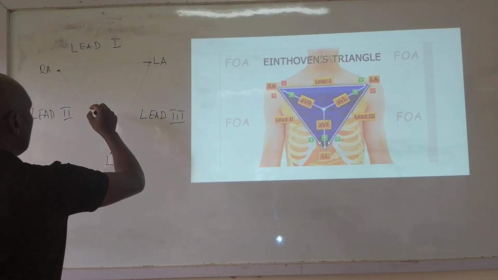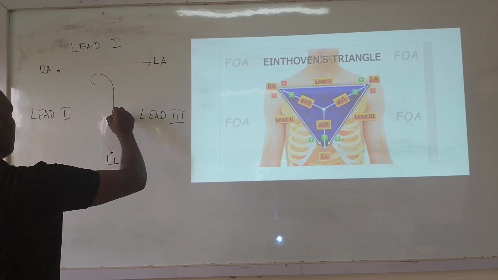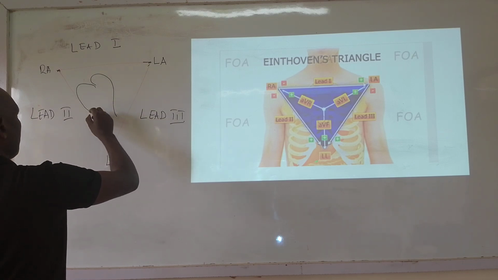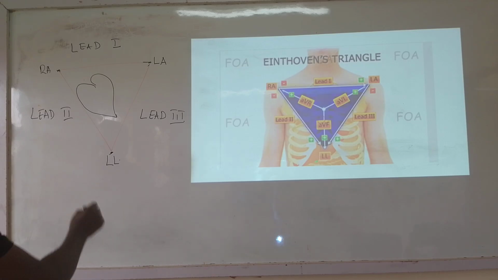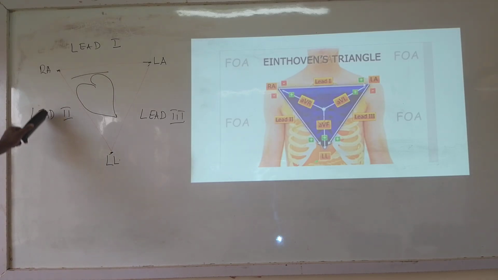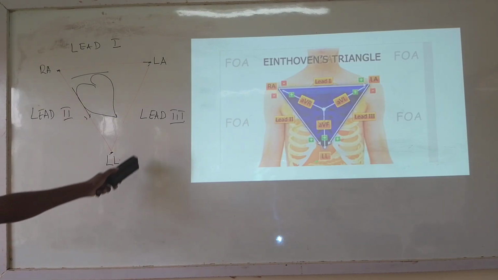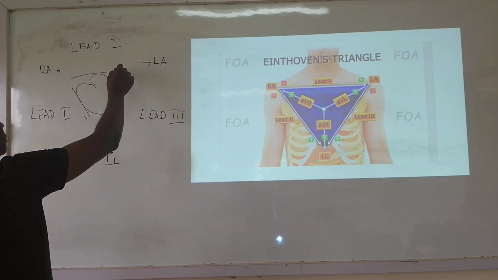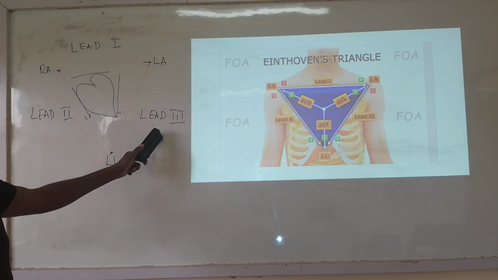So if our heart was somewhere here, let's say that is our heart, then it means lead 1 is picking electrical charges of this area of the heart, while lead 2 is picking electrical charges of this surface of the heart, while lead 3 is picking signals towards this other side. So that is what it means with the lead 1, lead 2, and lead 3.